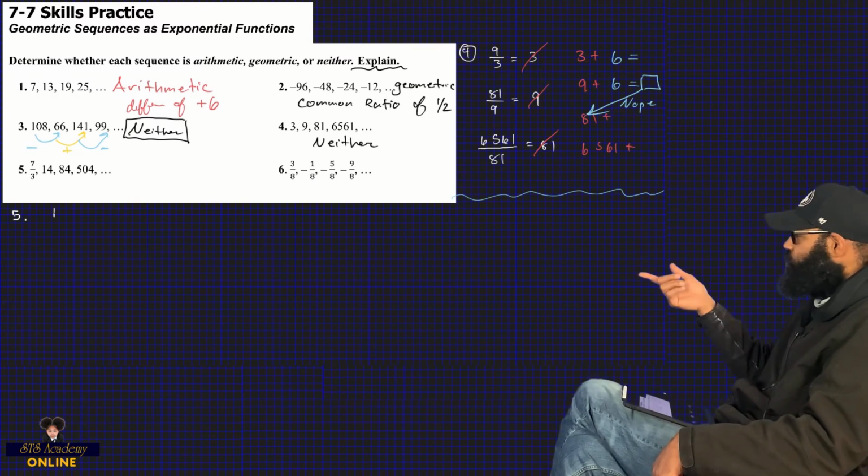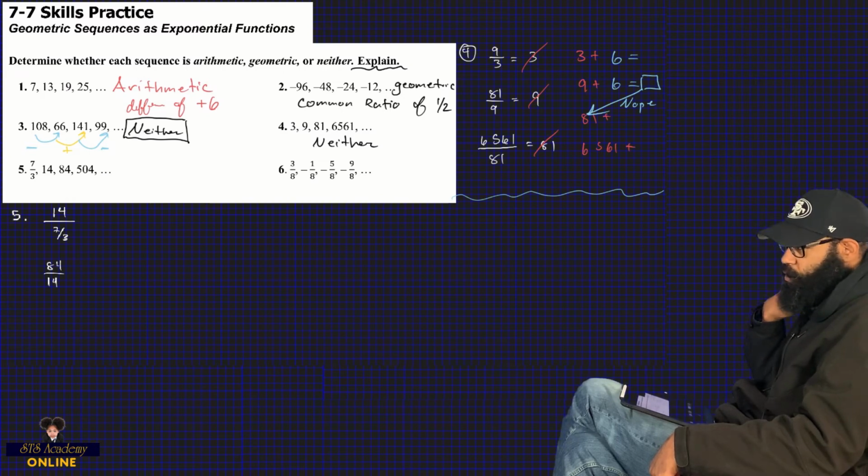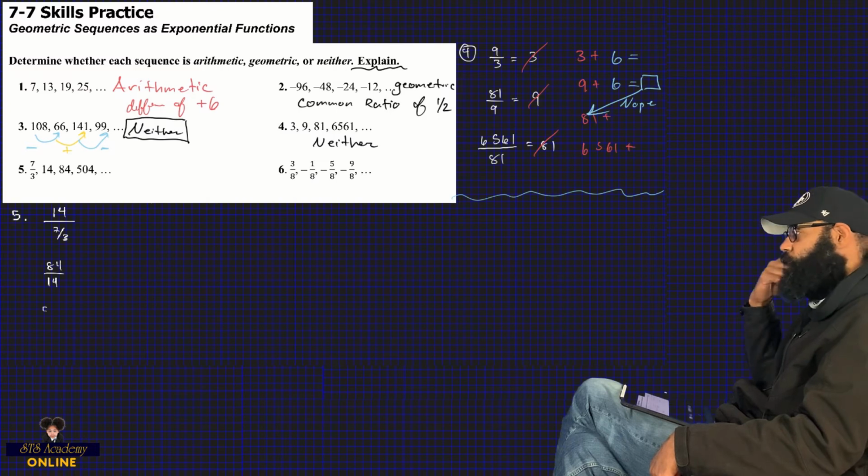For number 5, 7/3. So 14 divided by 7/3, what do I get? I'm gonna try to do it right now. Okay. 84 divided by 14, and of course the last one will be 504 divided by 84. Again, just trying to find if there is a common ratio.